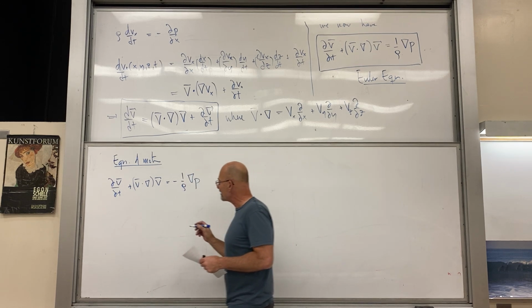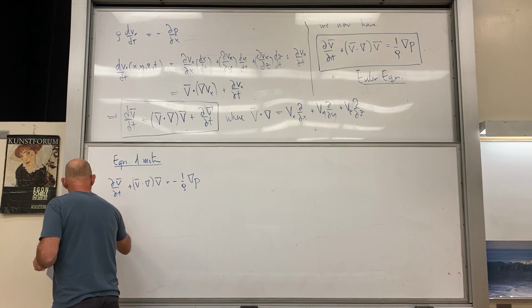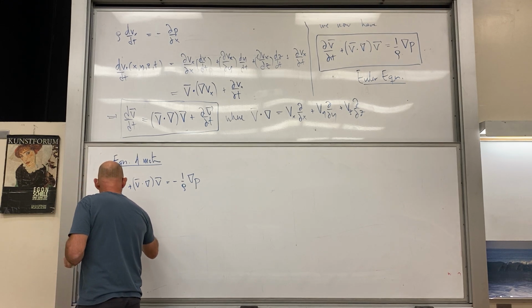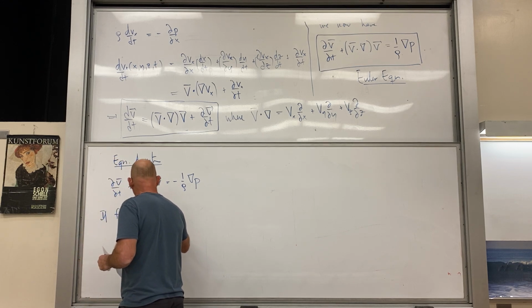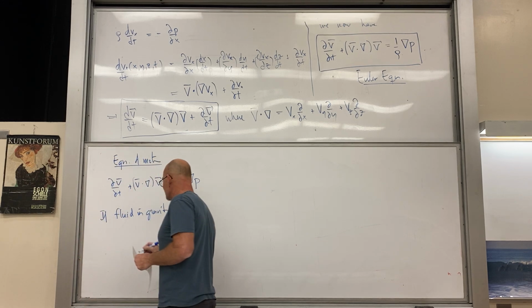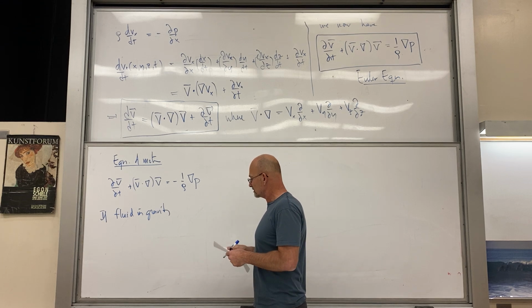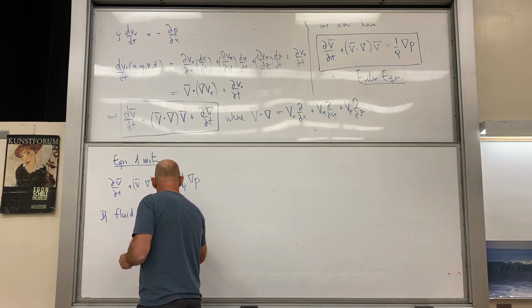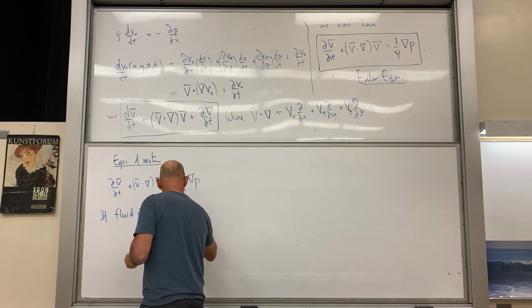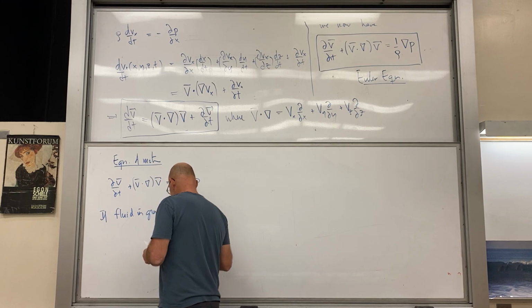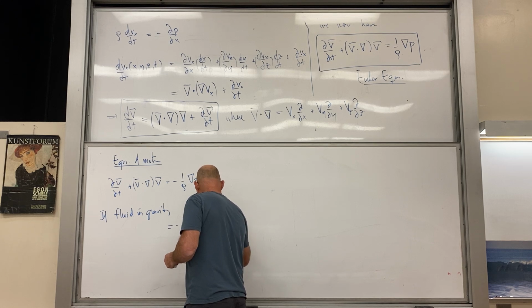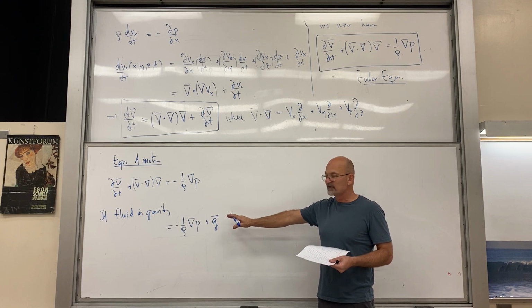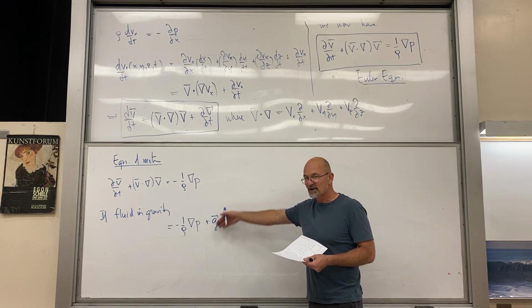Now, if there's gravity, if we have a fluid in a gravitational field, and that of course is pretty common, we can replace the right side with minus 1 over rho gradient P plus g, okay? That's just an added term, it would have come with an mg, so g is pointing whatever direction gravity is pointing.